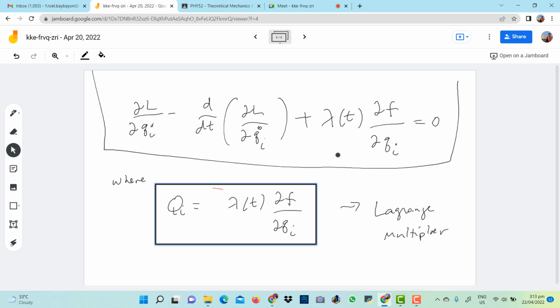Say pwede siya function of xyz or a function of spherical r theta phi and so on. Okay, so what you will do is just derive it with respect to the generalized coordinates qi's. Then the goal is to solve for the lambda, and once you solve for the lambda, the final goal will be the equation of motion. Take note, this is an alternative method to calculate the equation of motion.